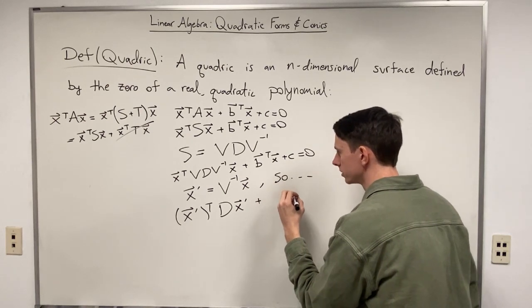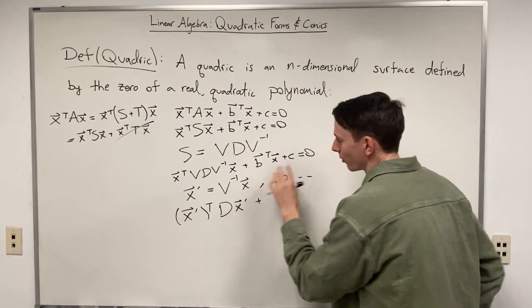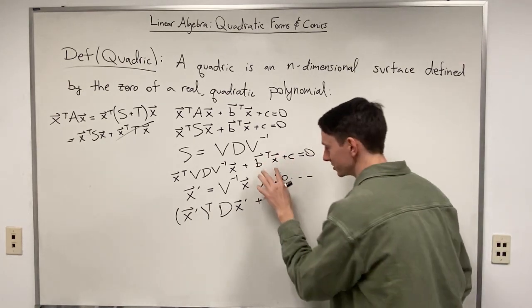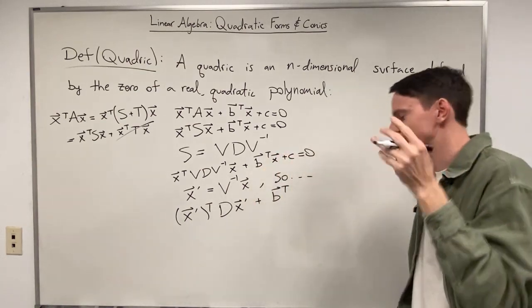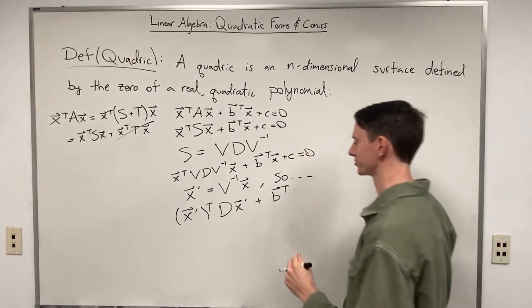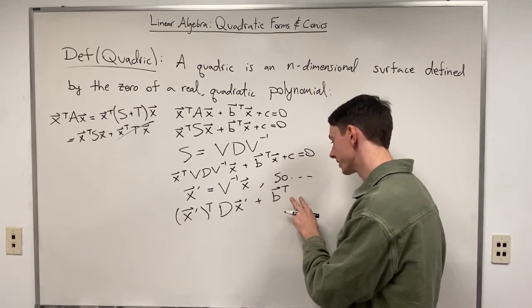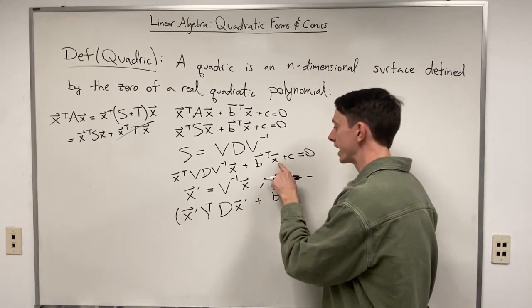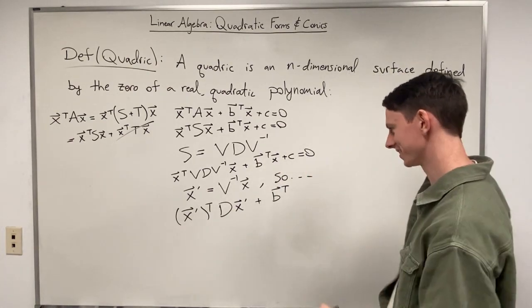How do I want to do this? Just wait with me for a second. What I'm actually going to do is take this quantity, b transpose. I have it in my head, just trying to say it in words. I want to sandwich two matrices together so that I'm able to rewrite x in terms of the prime coordinate.